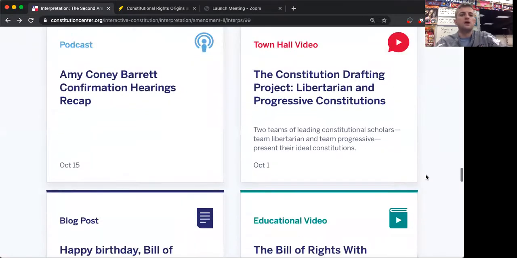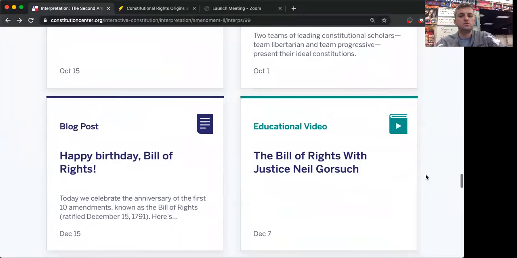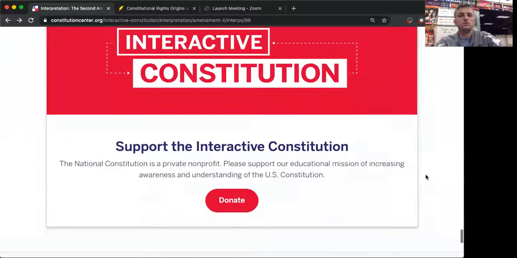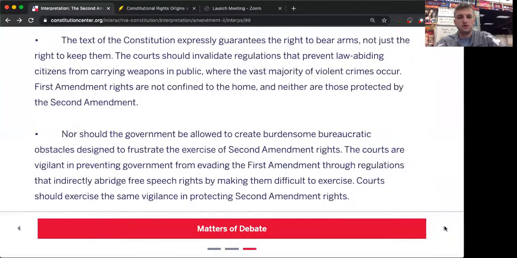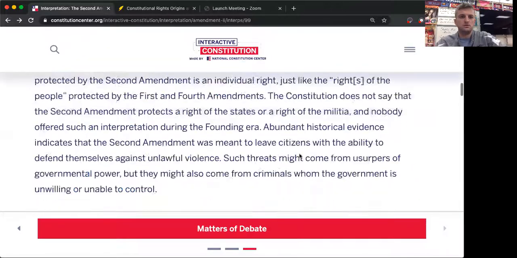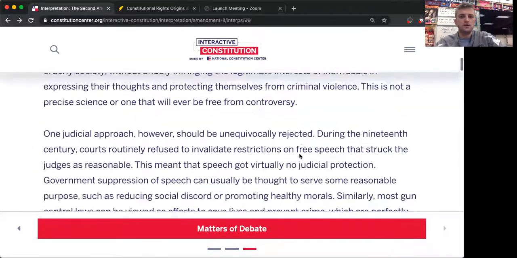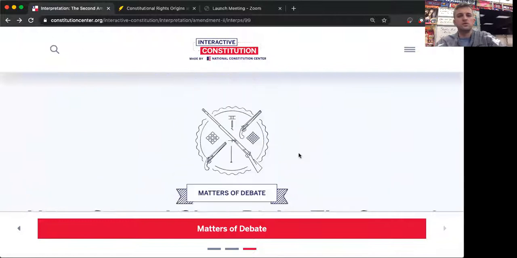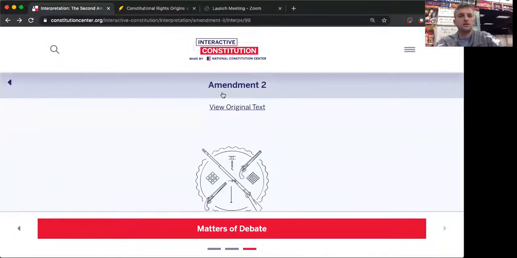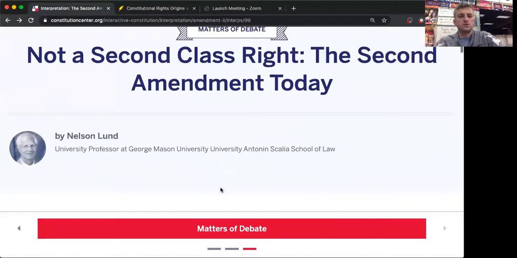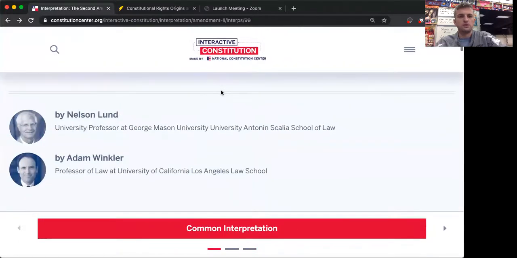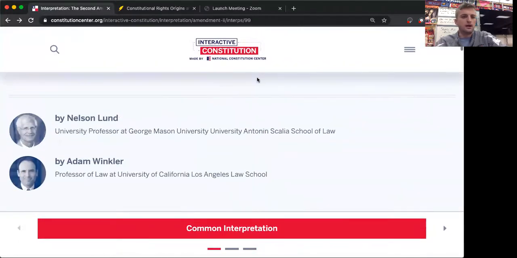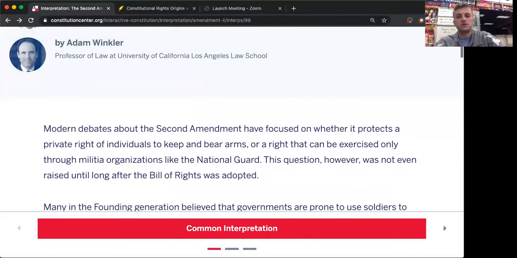Next, I am asking you to find the other interpretation of the Second Amendment, which is here. And what you'll see on this source is that you've got just a general, like for me, I can click through this website here and find a common interpretation.